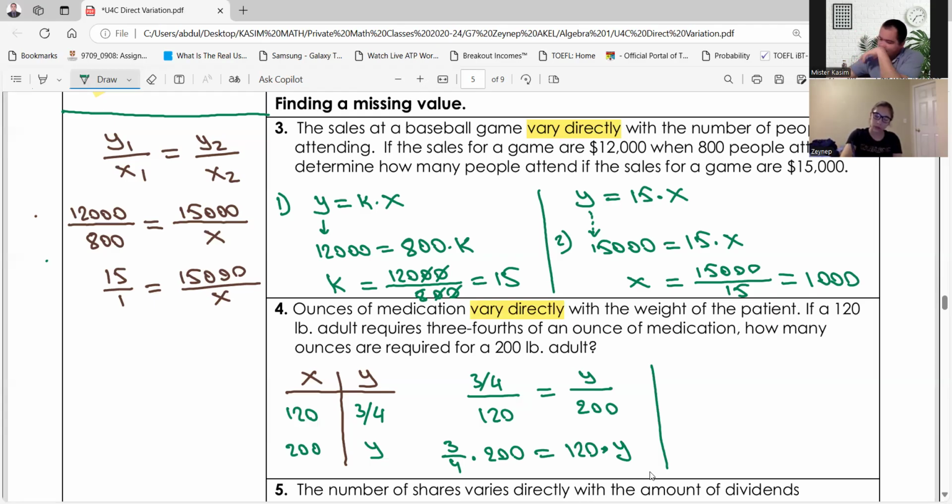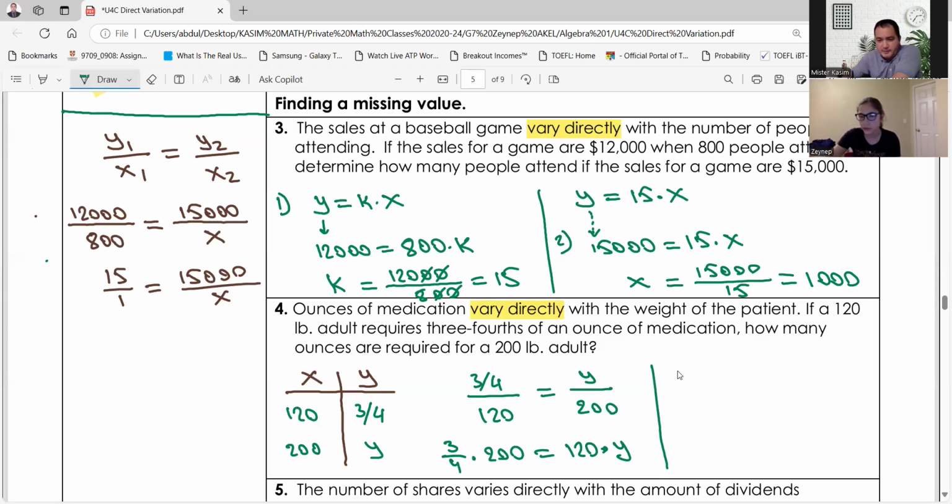Zeynep, wake up. 600 over 4, which is equal to what? What is 600 divided by 4? Why don't you first divide by 4, then multiply by 3? 200 divided by 4 and multiplied by 3 is 150. You see, you can do that.